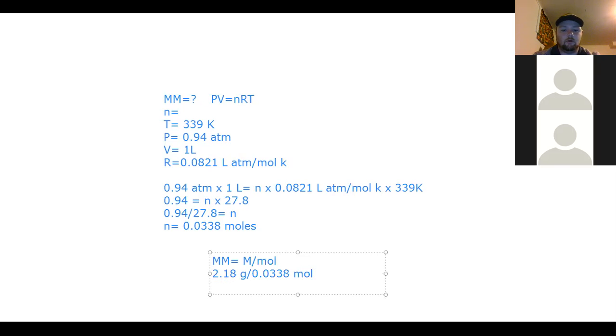Okay, so the molar mass is equal to 64.5 grams per mole. Okay, so that's what I get. I don't know what the answer key says. 64 grams per mole. So they just went one less thing than I did.